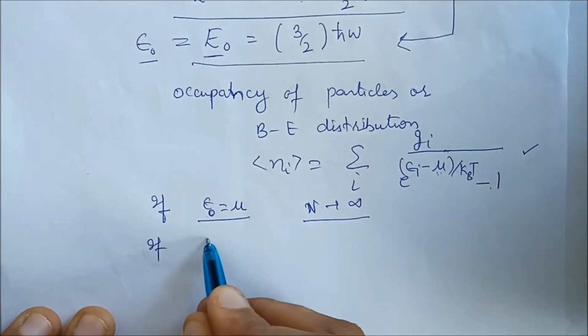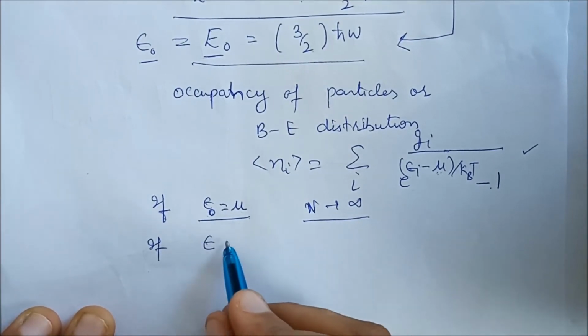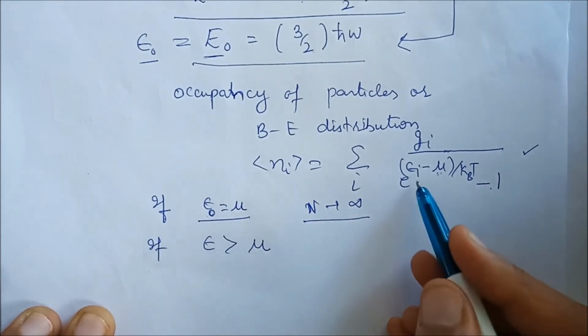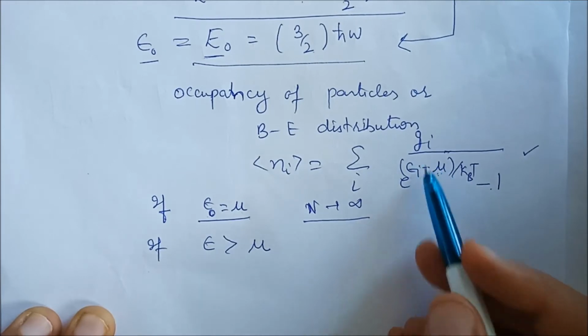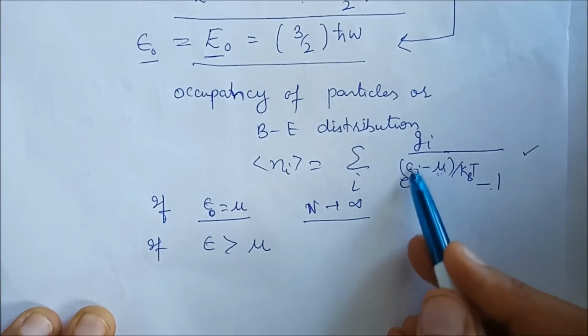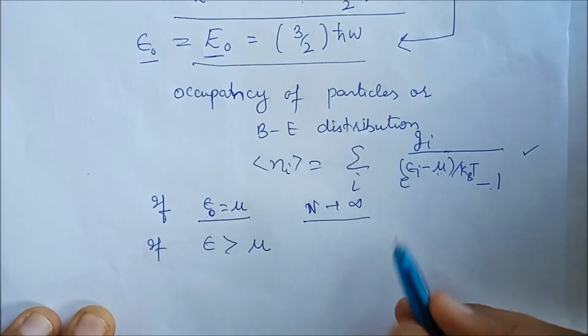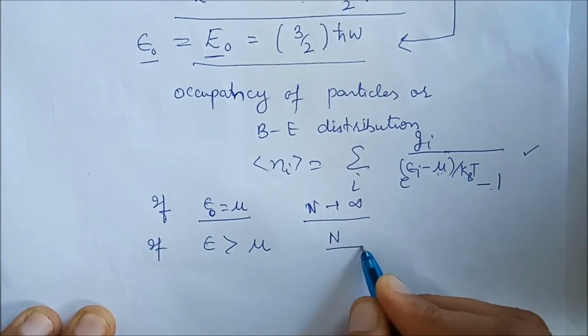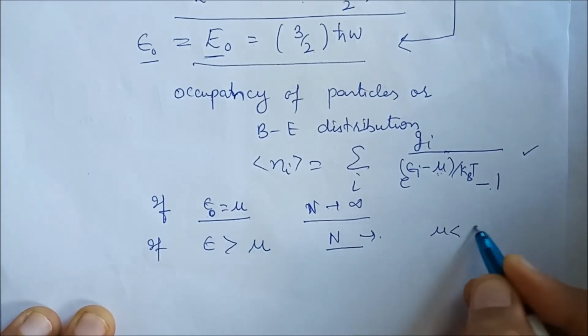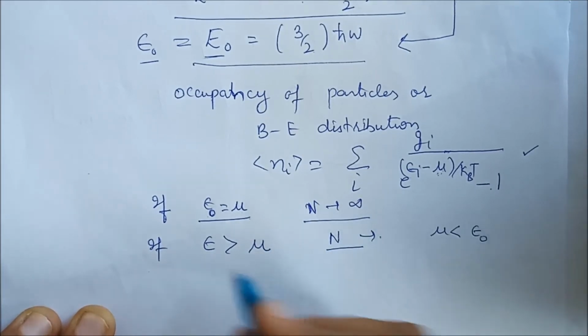The other possibility is if epsilon is greater than mu. In that case the exponent is positive, so we have a definite value of the number of particles. So the second case is mu less than epsilon.